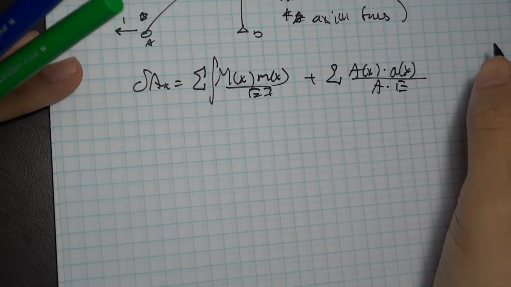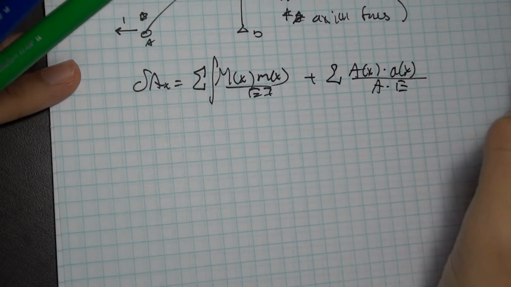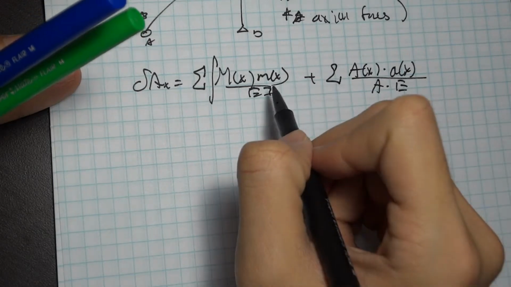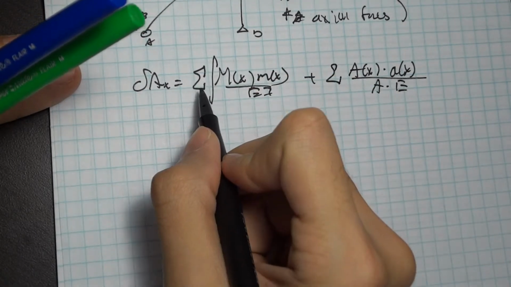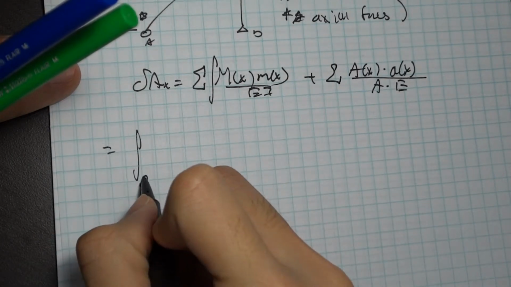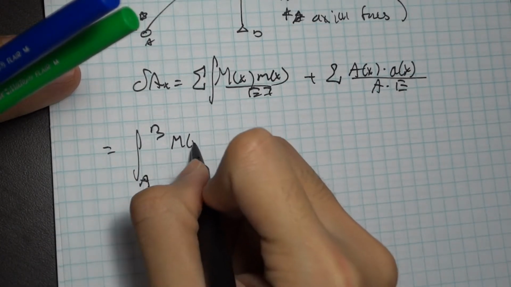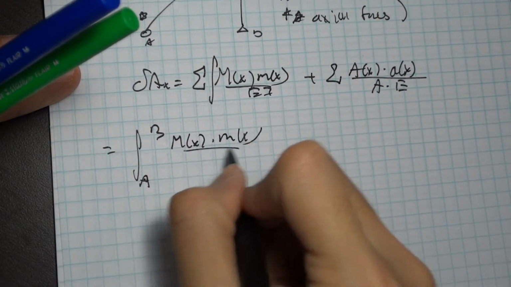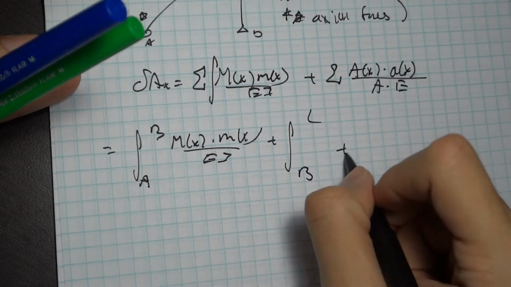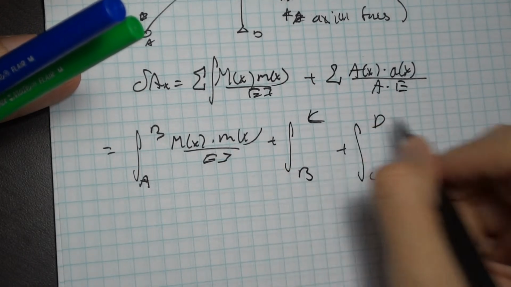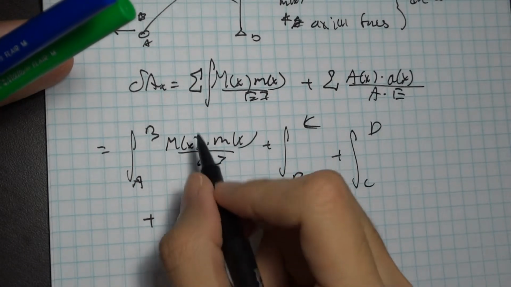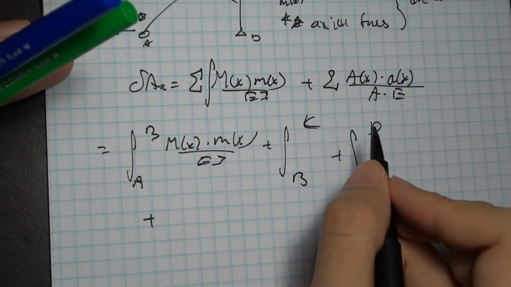And this will become a large equation. You're going to get 3 integrals here, because the summation means every member. So you need to do A to B m of x over EI, plus B to C, plus C to D, plus all the axial forces.